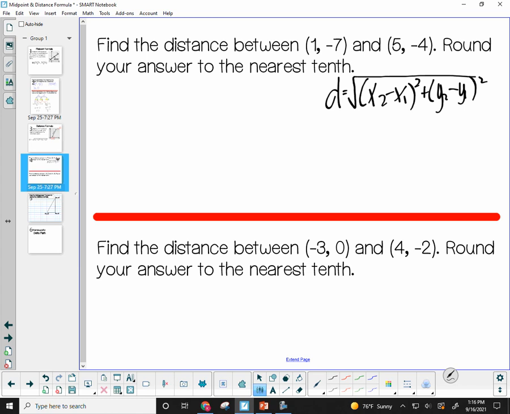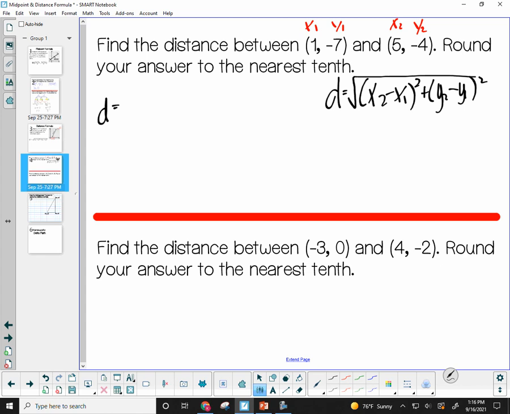Okay, all right, so what we're going to do is plug values in. So keep in mind, this would be x sub 1, y sub 1. This one could be x sub 2, y sub 2. So let's plug in values.